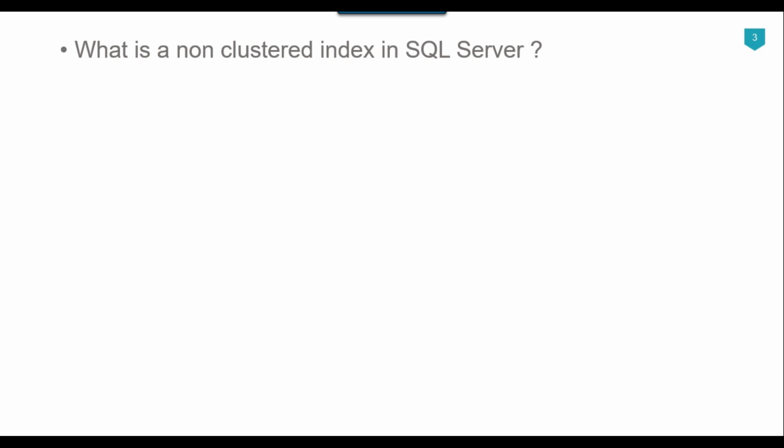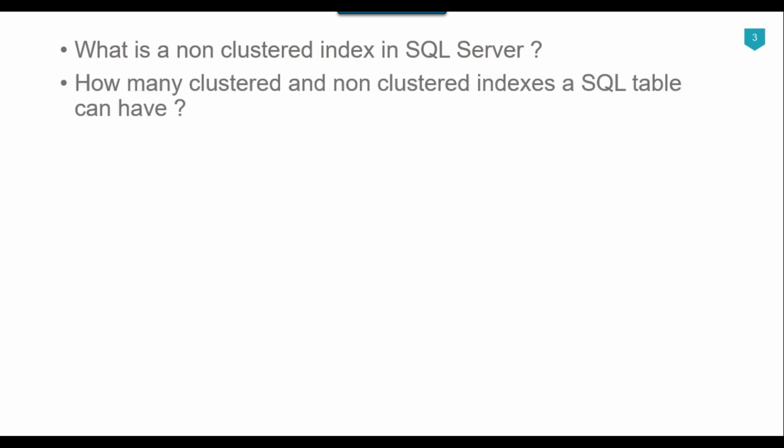When a query is executed against a column on which a non-clustered index is created, SQL Server will first go to the index, then find the address of the corresponding records, and then find the data from the SQL table. Because a non-clustered index stores the address of the records, it is slower than the clustered index.